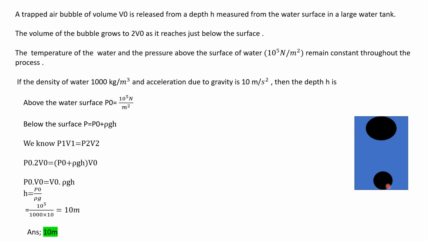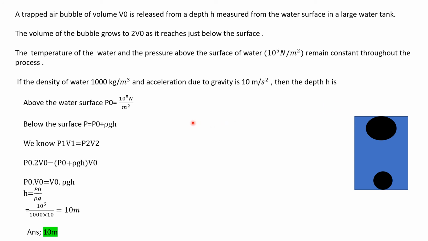So here is the bubble which has volume V0, and when it reaches the surface, the volume becomes 2V0. Again it has been given that the temperature is constant and above the surface the pressure is 10 to the power 5 Newton per meter square, which is the atmospheric pressure. So we have to find out what will be the depth h.